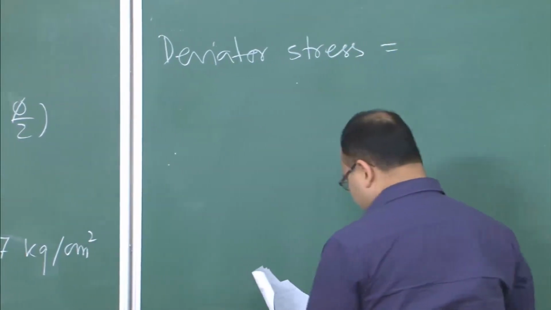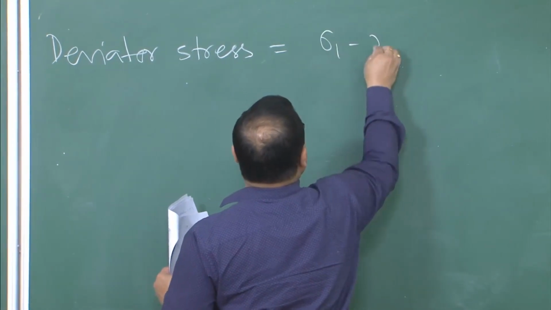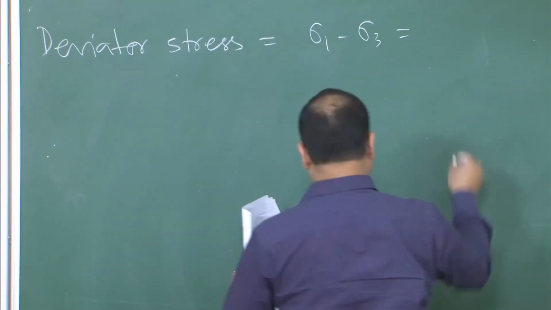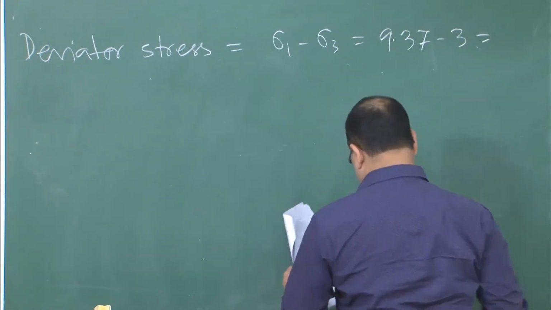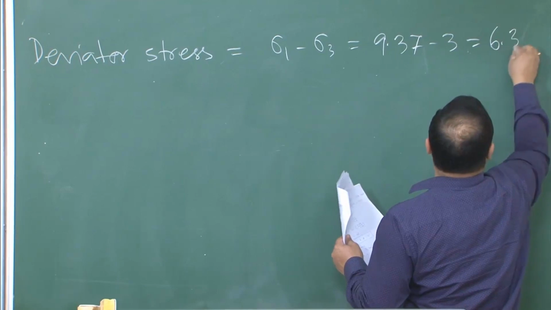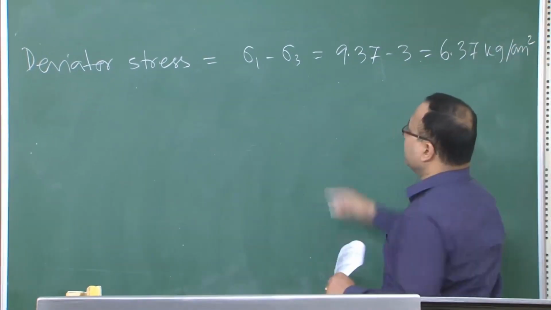So, if this is the major principal stress at failure, then you can find out the deviator stress, which is nothing but sigma 1 minus sigma 3. So, 9.37 minus 3 is equal to 6.37 kg per centimeter square.